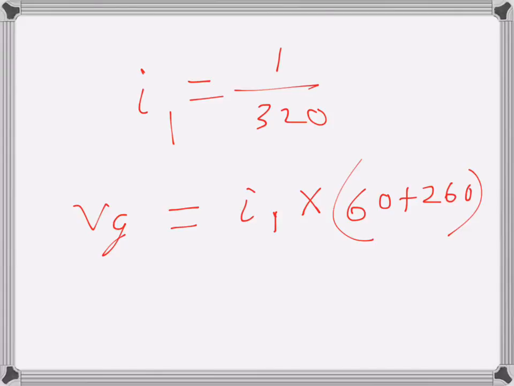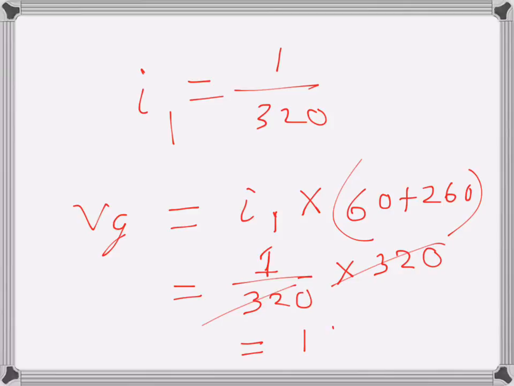That's what Vg is. I1 is 1 over 320, and 60 plus 260 is also 320. So these two cancel and we have 1 volt as the result of Vg. That's what we get from here.